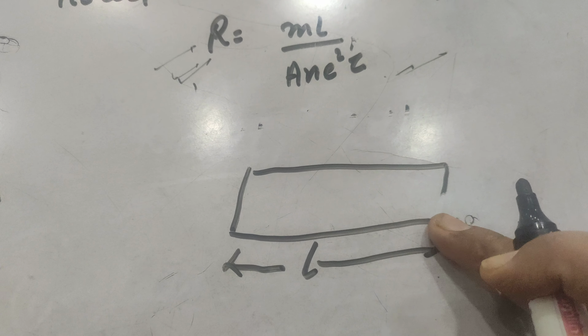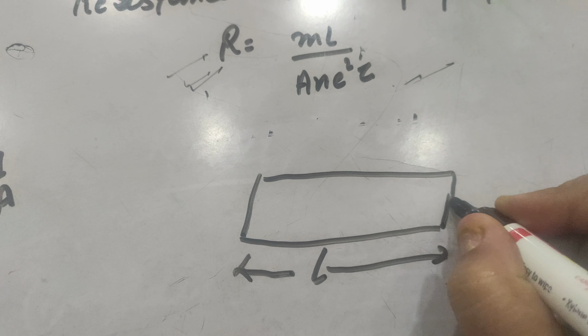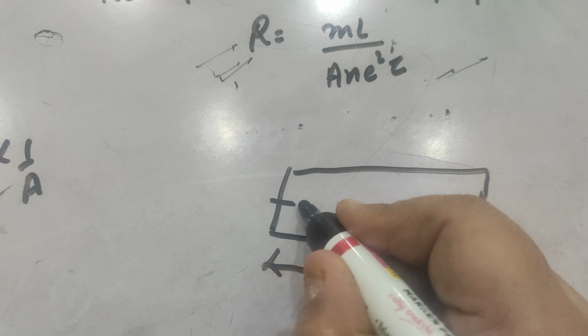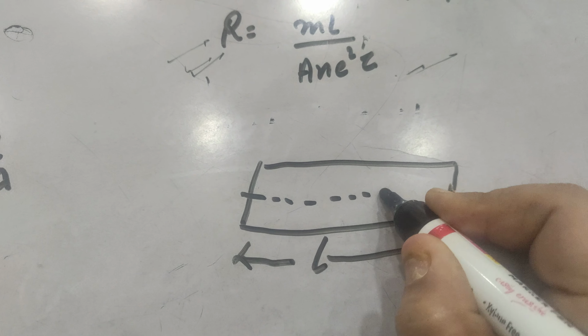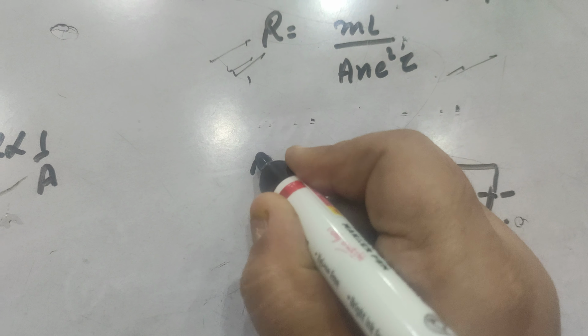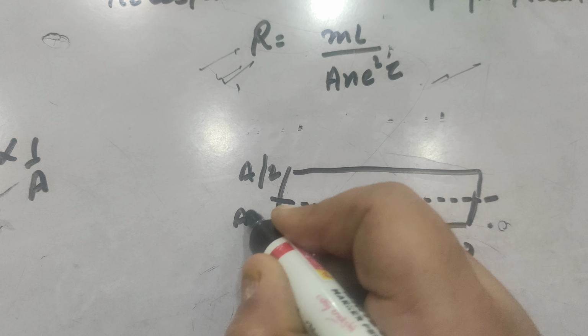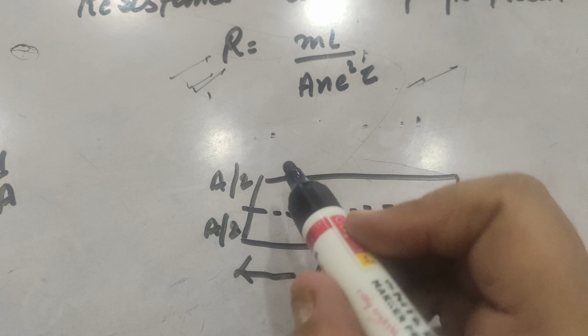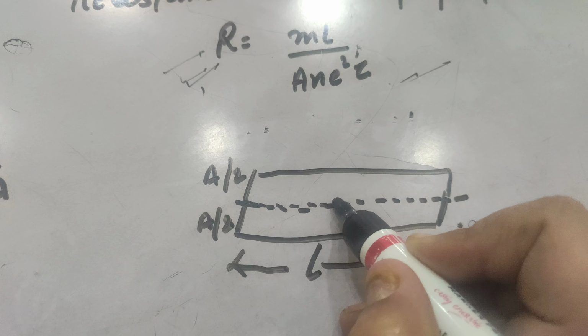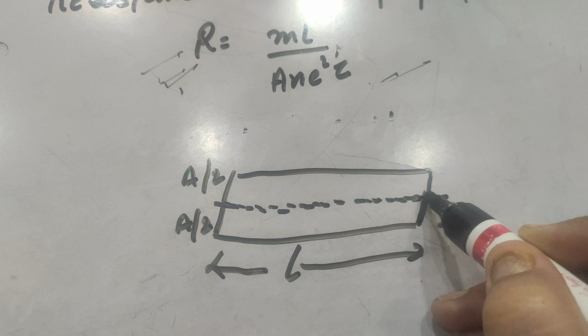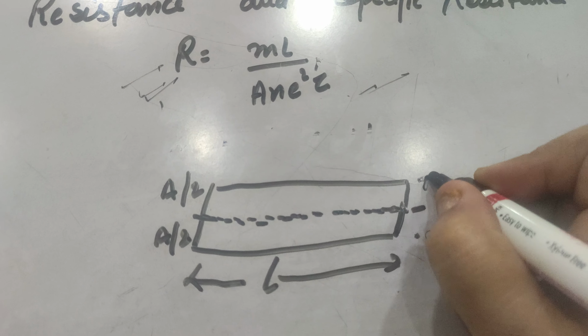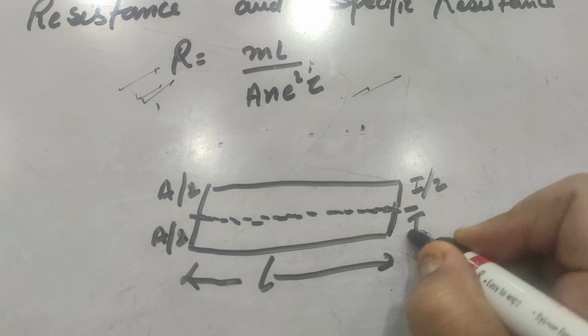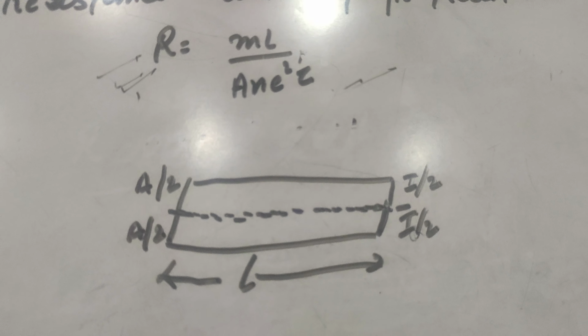Let us reduce the area to half by cutting the slab in half. So this area becomes A by 2 and this becomes A by 2. Since initially the current I was there, and assuming that these two slabs are kept side by side, they are connected in parallel, so the current will reduce to half through each slab.